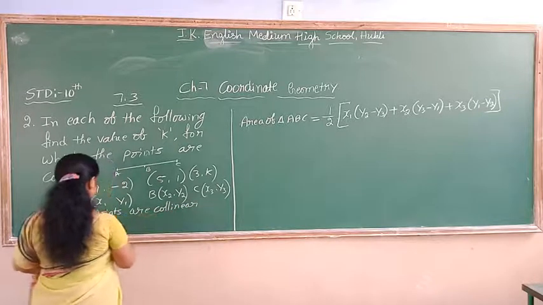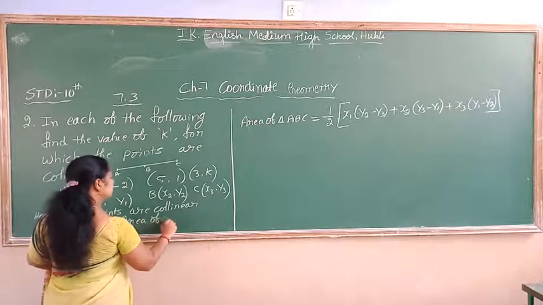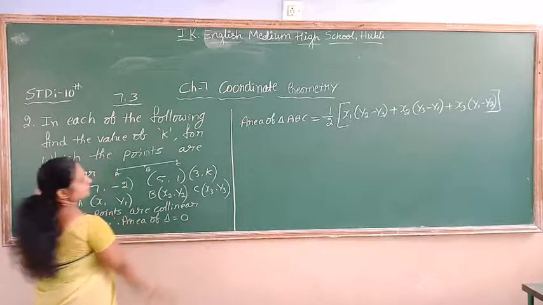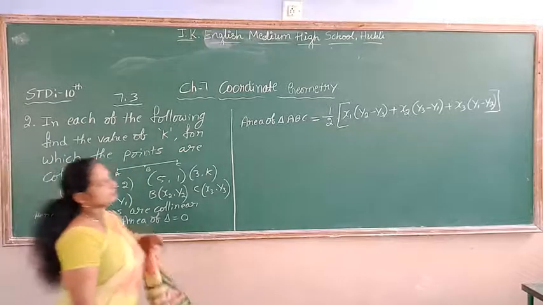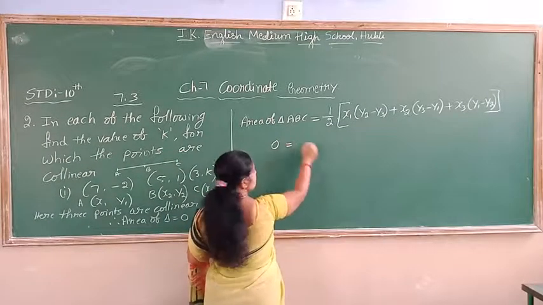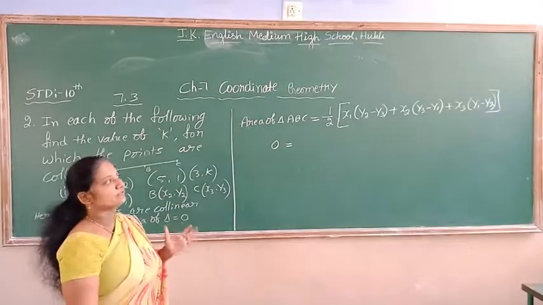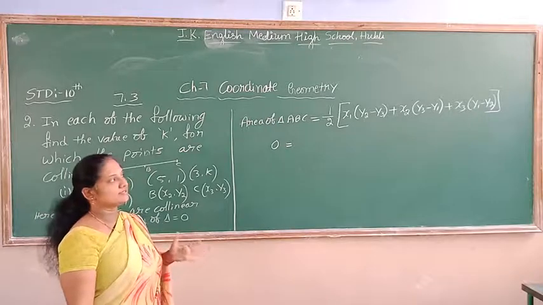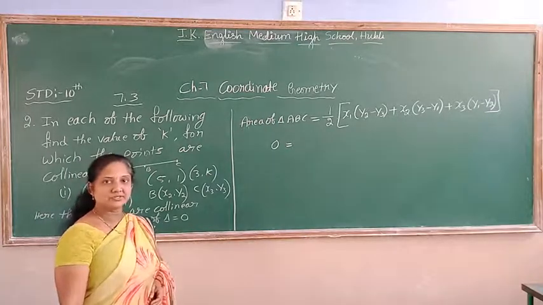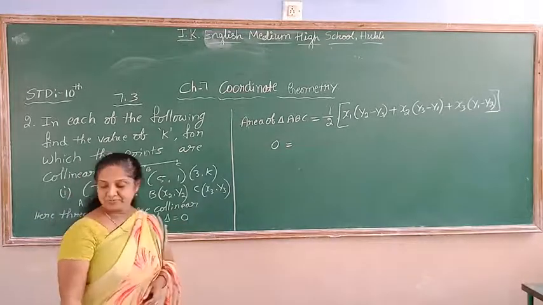Therefore, area of triangle is equal to 0. So now I can write the area of triangle value as 0. Substitute the values in place of x1, y1, x2, y2 and x3, y3, and simplify. We will get the value of variable k.